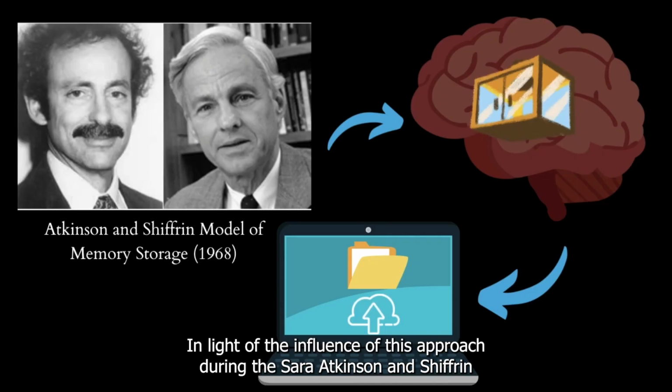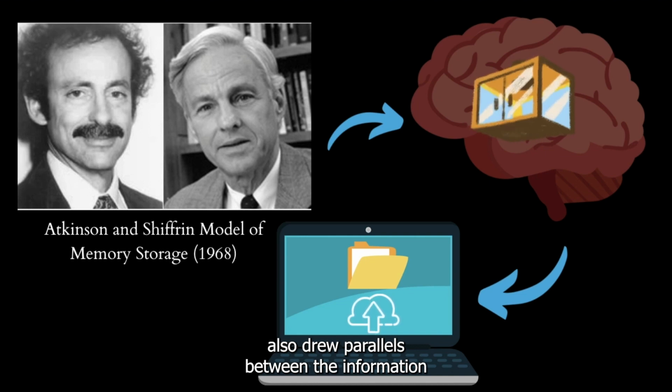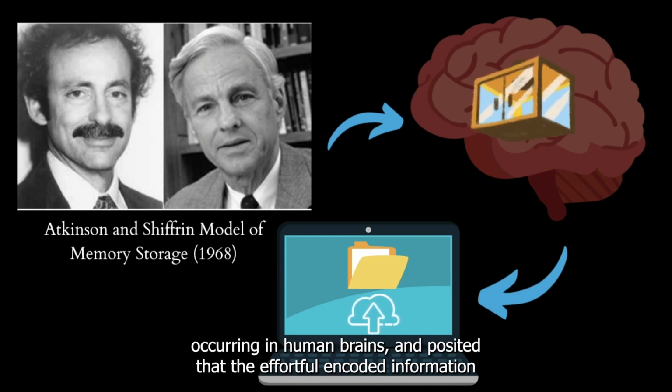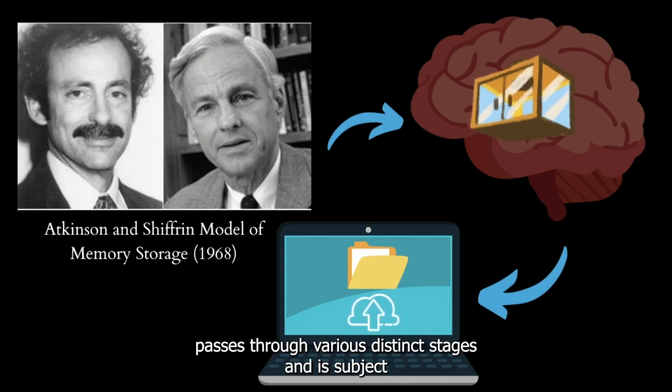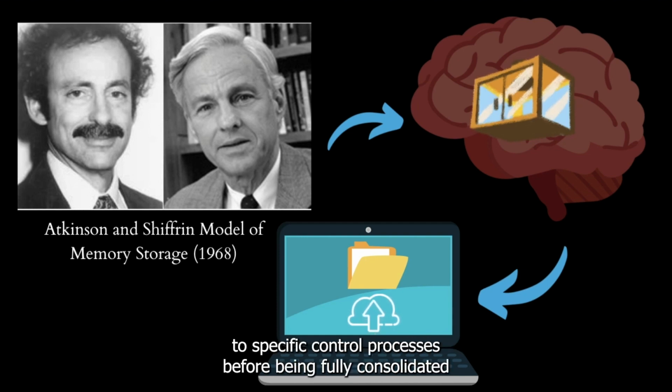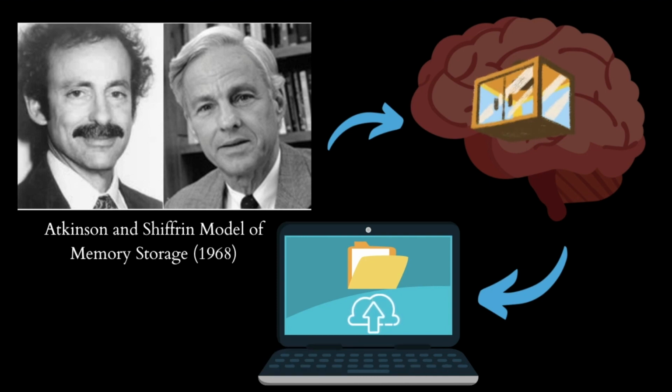In light of the influence of this approach, Atkinson and Shiffrin also drew parallels between the information processing and memory storage occurring in computers and that occurring in human brains, and posited that effortfully encoded information passes through various distinct stages and is subject to specific control processes before being fully consolidated in the memory storage facility, for retrieval or recall.